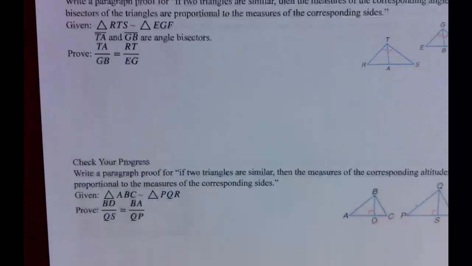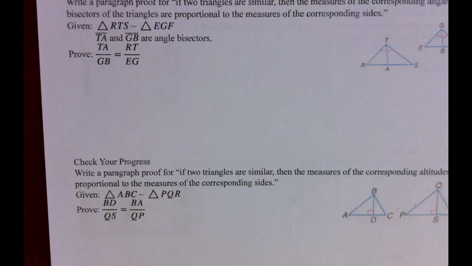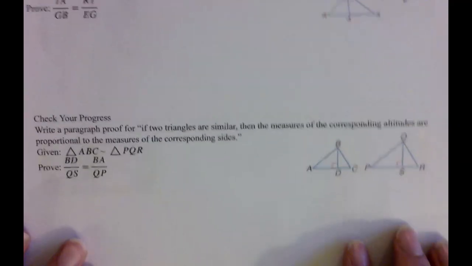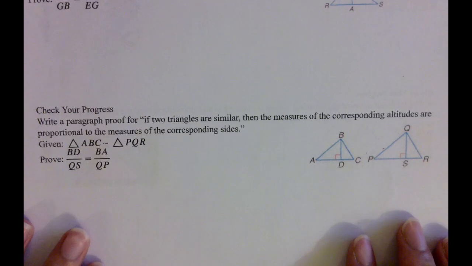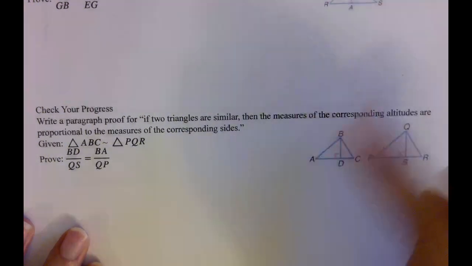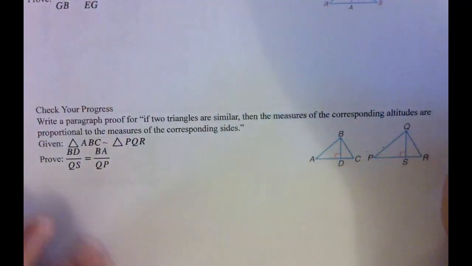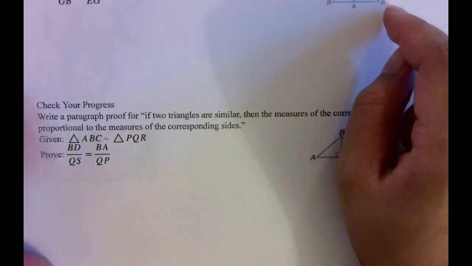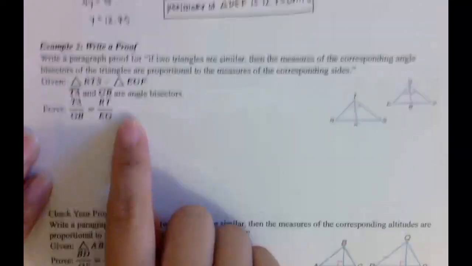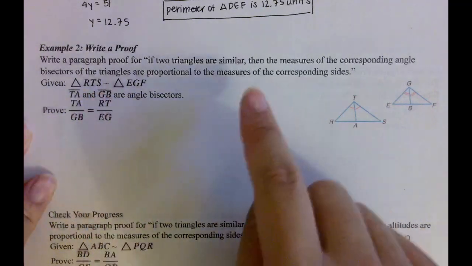Okay, so now we are going to write a paragraph proof for the one about the corresponding altitudes. Here we're going to use a picture to help us. Triangle ABC. Oh, sorry, I was reading the wrong part. Triangle RTS.